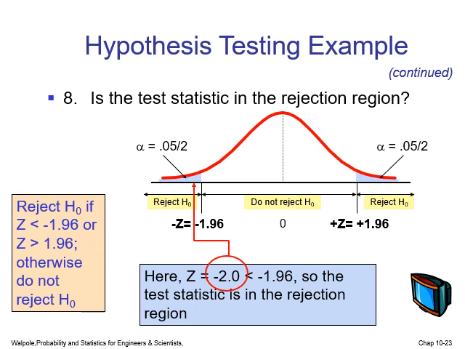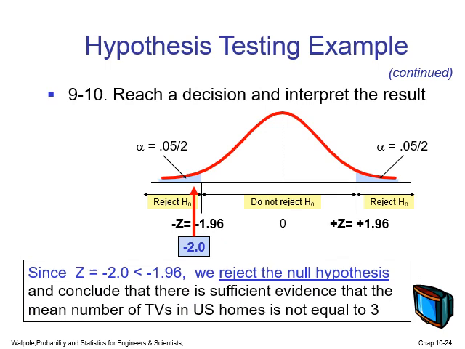Because it's located in the rejection region, we need to reject the null hypothesis and conclude that there is sufficient evidence that the mean number of TVs in US homes is not equal to 3.